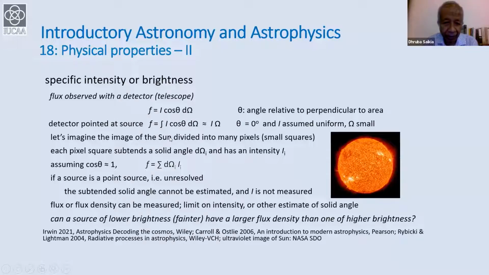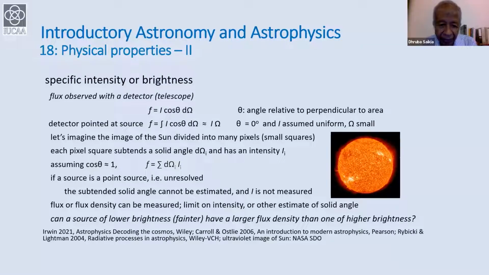Now for a fixed surface like the sun, for example, the flux density is going to go down as 1 upon r squared, right? And the solid angle it subtends is also going to go down as 1 upon r squared. Solid angle is defined as omega equal to area upon r squared. So you'll find that the flux density is going down as 1 upon r squared, and the solid angle is also going down as 1 upon r squared.